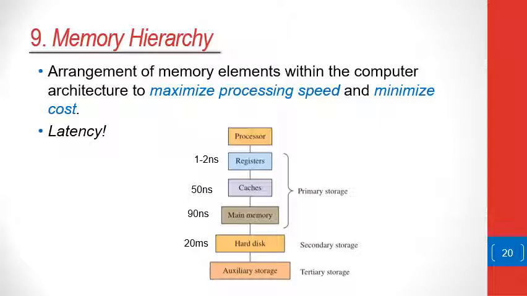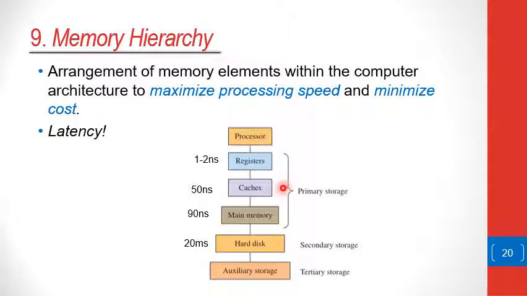So the biggest issue here is to make sure that you have as little latency as possible, because if you want to have a computer system that's fast, you need to maximize your processing speed. So you can only process data which arrives quickly into the processor. If you look at latency, the registers themselves would have the smallest amount of latency, that is access time, of 1 to 2 nanoseconds.